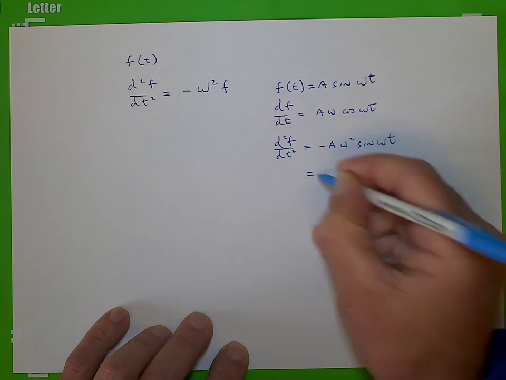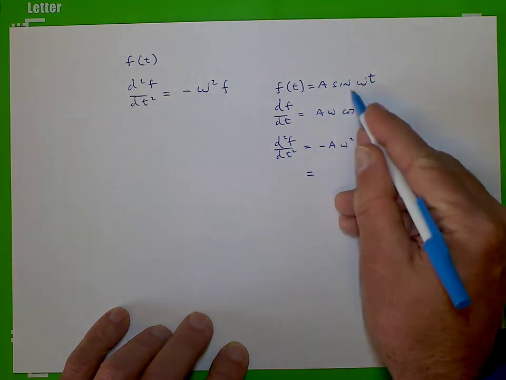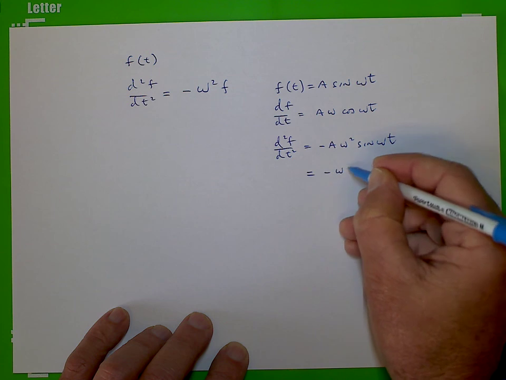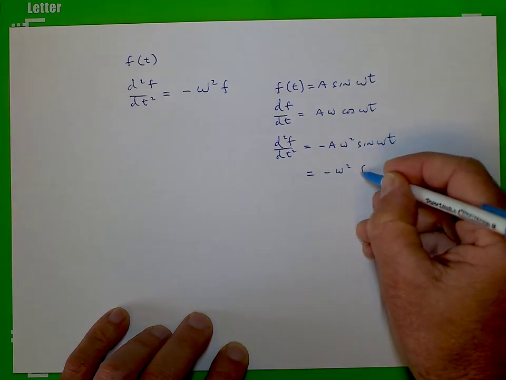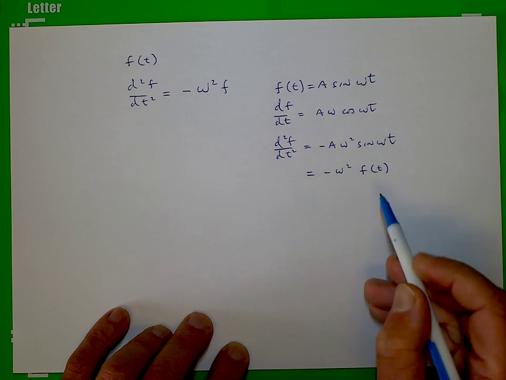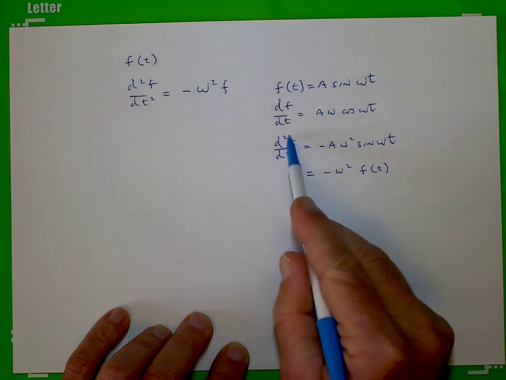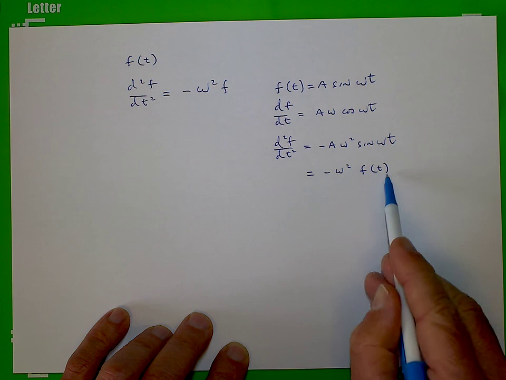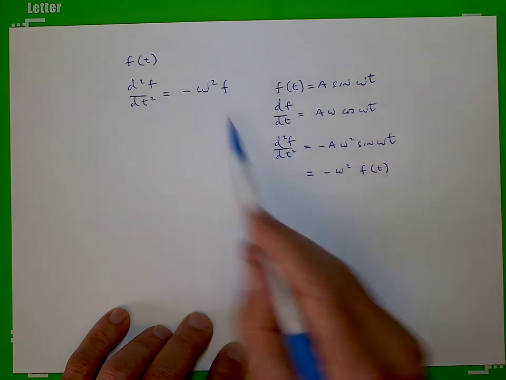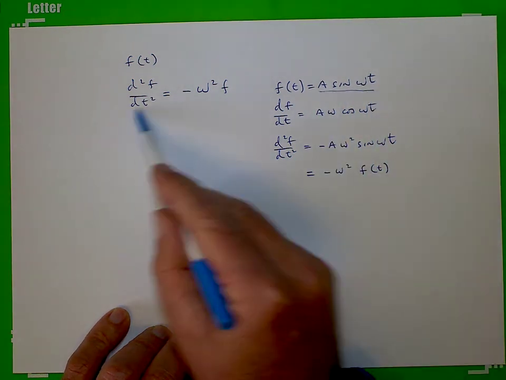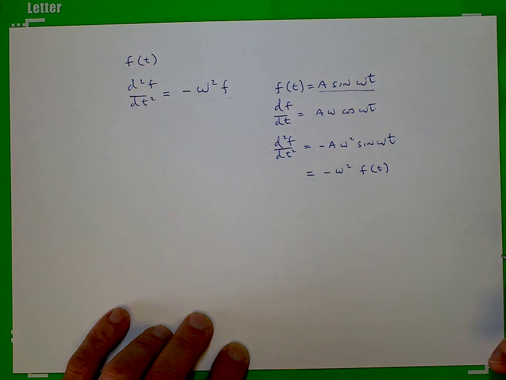And if we look at this, we can see that the a sine omega t is there, so it's minus omega squared times f of t. Okay, so we've shown that the second derivative of this function is indeed minus omega squared times the original function. So we've shown that this is a solution to that differential equation.